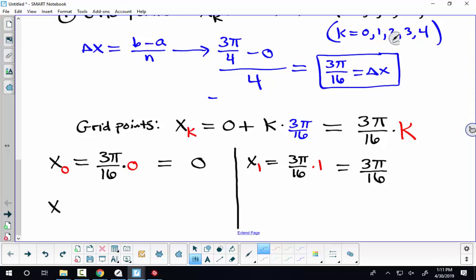Then k is equal to 2. So the third grid point, x sub 2, is 3 pi over 16 times 2, which gives us 3 pi over 8, or if you will, 6 pi over 16.